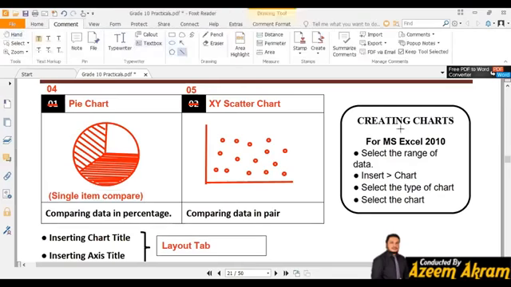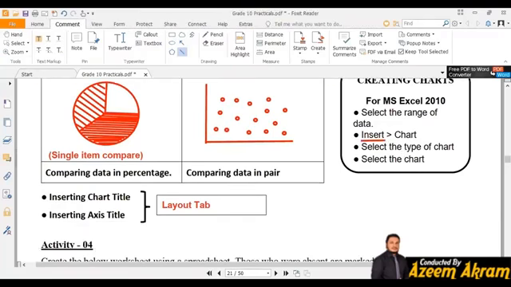More than that, we should know how to create a chart. Which tab do we have to use to create a chart? Insert tab. So always remember we use the Insert tab to create a chart. Which tab do we use to adjust the chart title, axis titles and all?